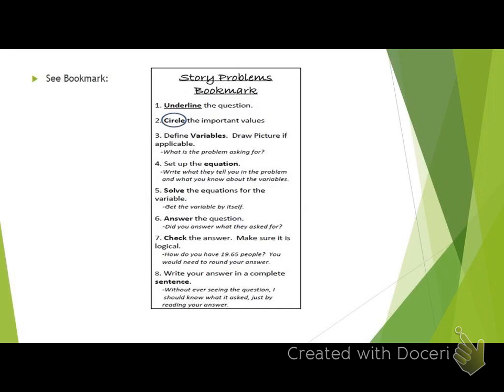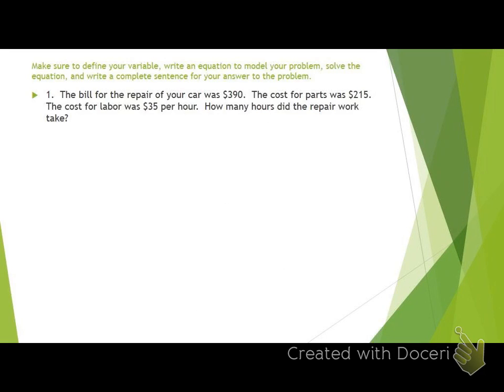Okay? And then we'll solve, of course. We're going to look at our answer and make sure that our answer makes sense, right? If it doesn't make sense, then we probably need to go back and take a look at what we did to get it. And then we always want to include our answer as a complete sentence.